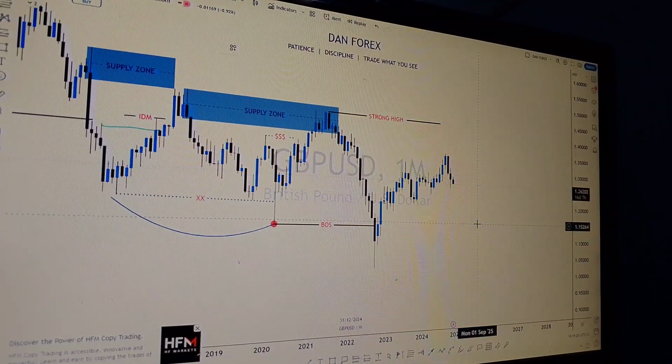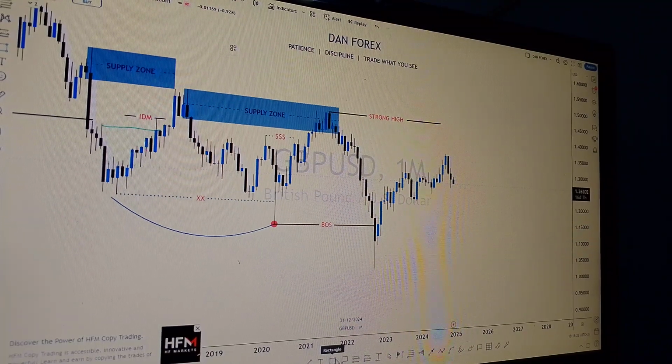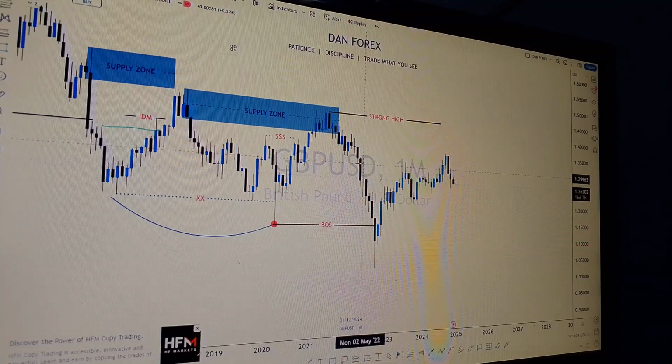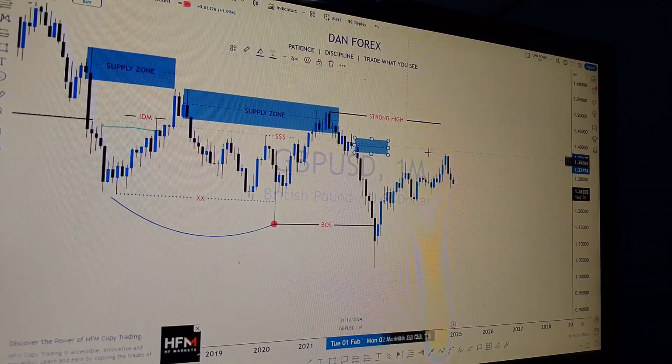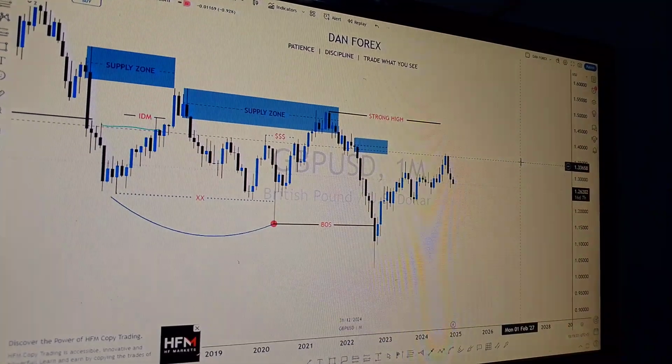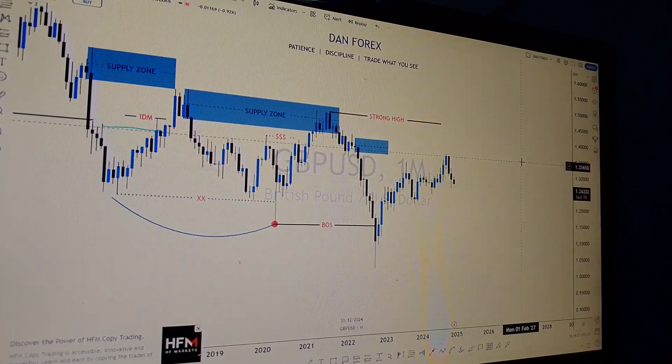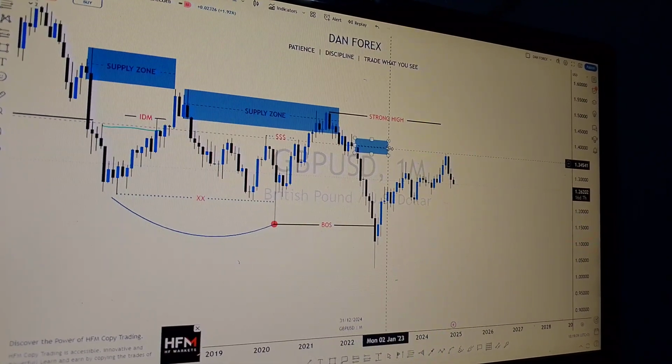Where is our supply zone? And where is our area of inducements? Looking at this, we have this black candle here, which has this imbalance. So we can mark that candle as our supply zone.